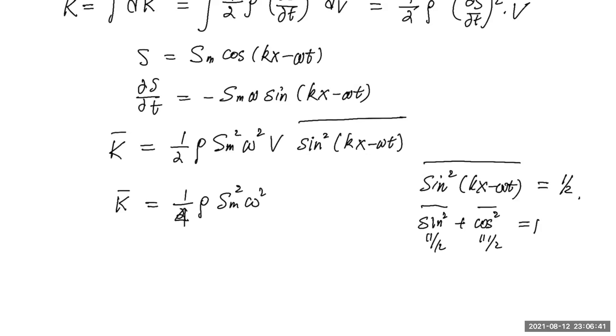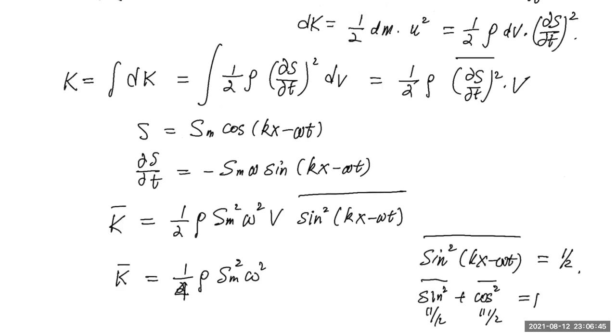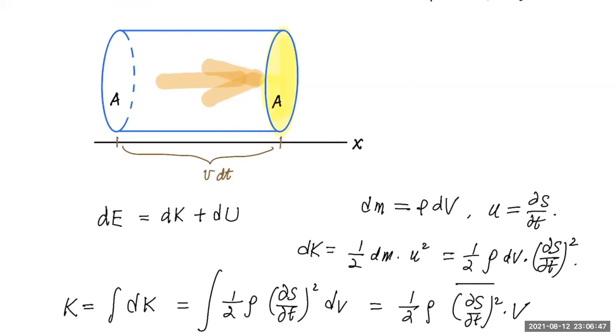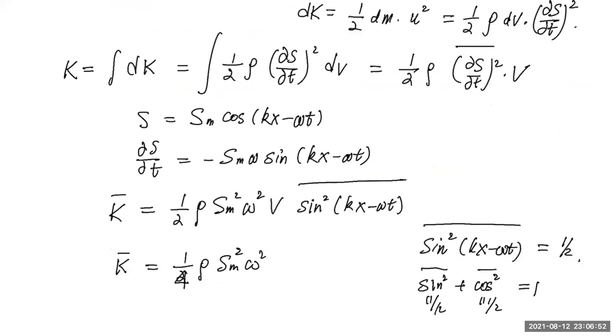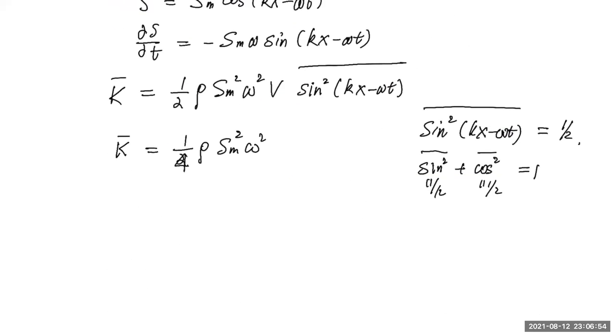And then V, what's V? In our case, V is the volume of the cylinder, which is A times v dt.